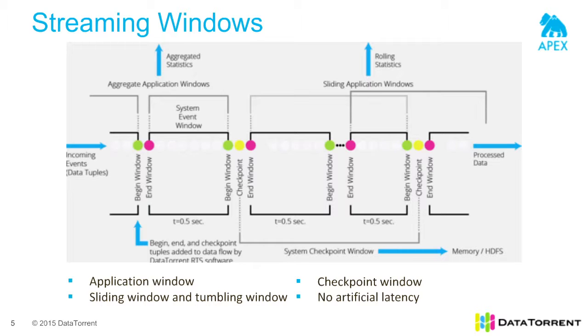The application windows are specified in multiples of streaming windows, and the default for a streaming window is 500 milliseconds. Again, 500 milliseconds is not an implied latency. 500 milliseconds is just the distance between two of these control tuples. The typical latency that you see with Apex applications is in very low millisecond values.